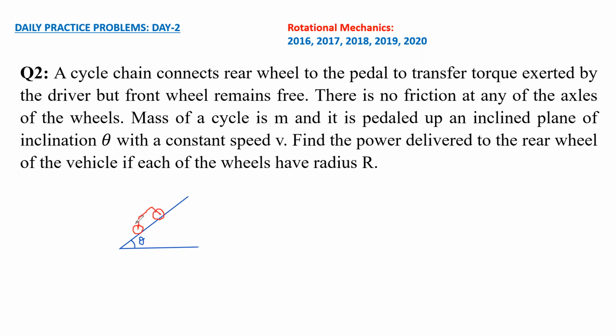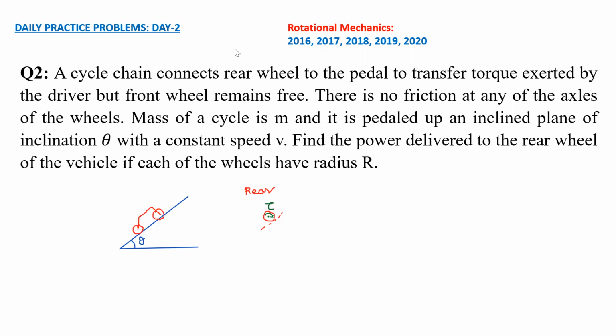So we know that our pedaling force or torque will be acting only on the rear wheel, and on the front wheel there will be forces at the axle but no torque at the axle. So if you see the rear wheel, there is some torque at the axle itself, which we are providing. Let me call that tau.